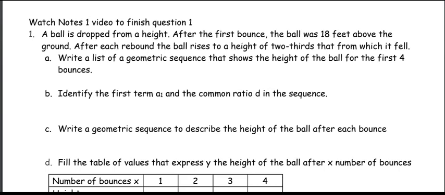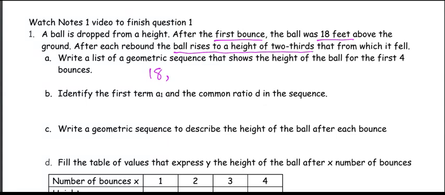Question, it says after the first bounce, the ball was 18 feet above the ground. So 18 is going to be the first term. The second term is going to be after the second bounce. After the second bounce, it says in the question that the ball rises to a height of 2/3 of the first one.